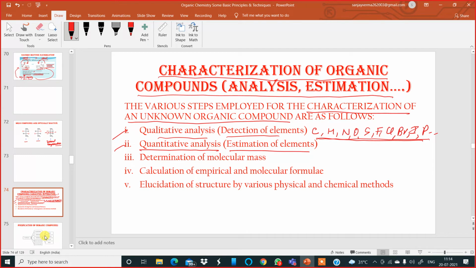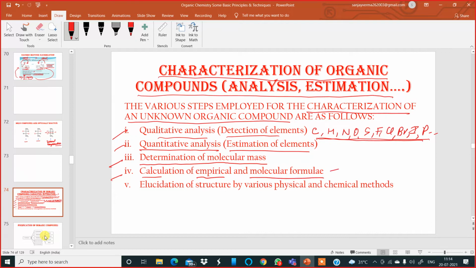Once we get the amount of the various elements present, we must move further and determine the molecular mass of the organic compound. After that, number 4, knowing the percentage composition of the elements, we can work out the empirical formula and the molecular formula of the compound.